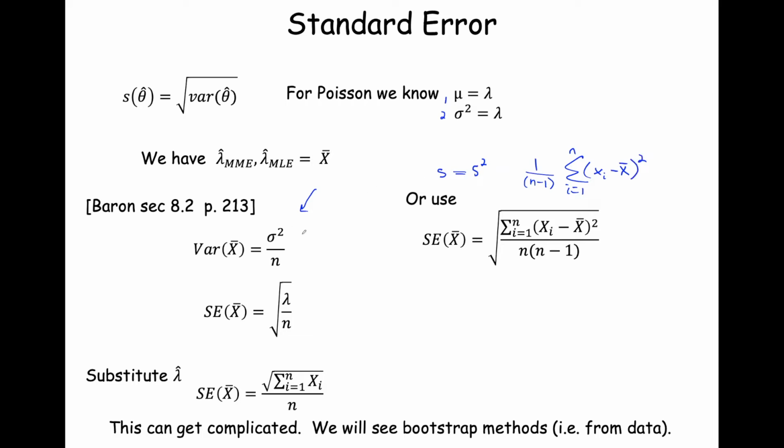So we took our expression for the variance of x bar, and then we took the square root of it, and that gave us sigma over radical n.